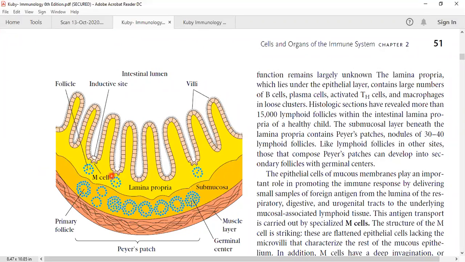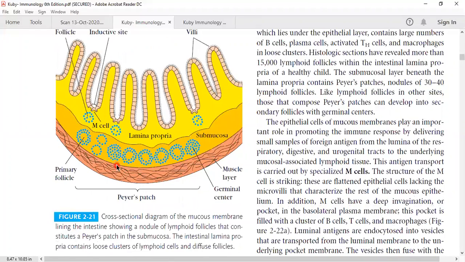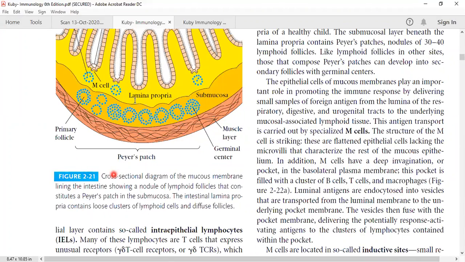But if the antigen moves out of the lamina propria into the submucosa, the submucosa also has different types of follicles, and it can mount an active immune response against any antigen which was in the food or in the water. So we have this kind of defense system also. If we, by accident, eat some pathogens in our food or water, they can be entrapped and killed.